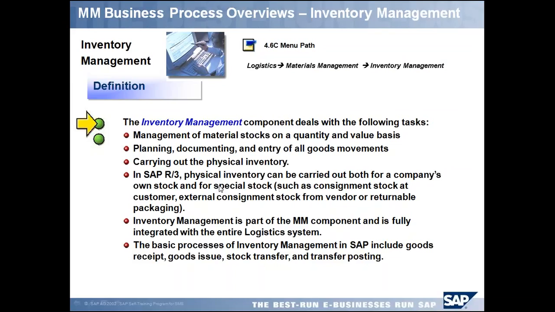In the special stock, write this: A as consignment stock, B as external consignment from vendor, or returnable packaging.